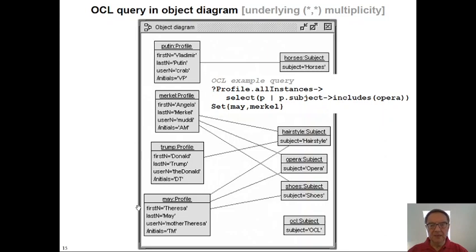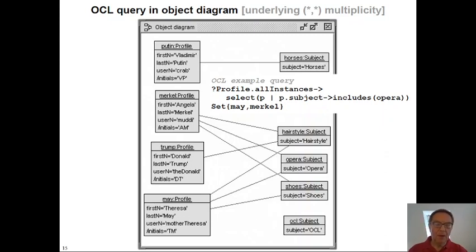We have seen here the 4 profile objects and 5 subject objects, and I have shown you a first example of an OCL query, and that was the example we had at that time.